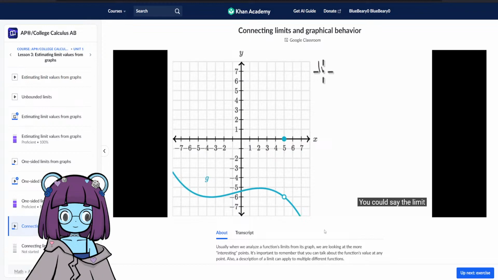This function right here would say the limit of g of x approaches 1, -5.3, 5.2.